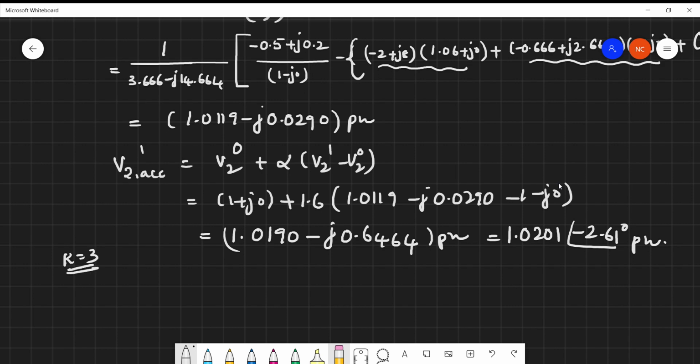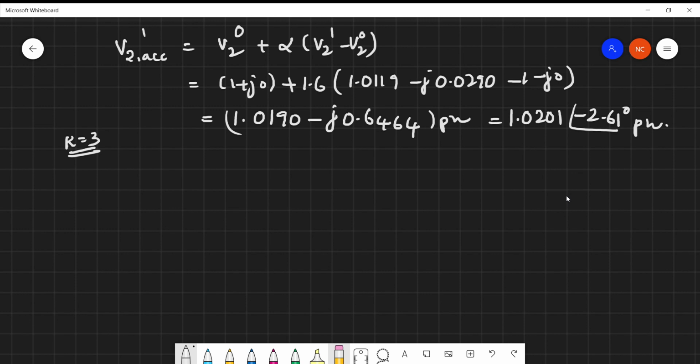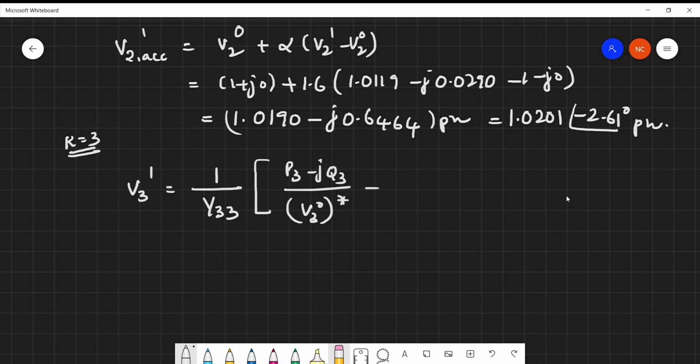Okay, so using the same previous formula, the V K R plus 1 formula, you will be getting the updated voltage for bus 3 like this. This is P3 minus jQ3 by V3 0 conjugate minus sigma I equal to 1 but not equal to K, that means not equal to 3, to 4, Y3I Vi R plus 1.